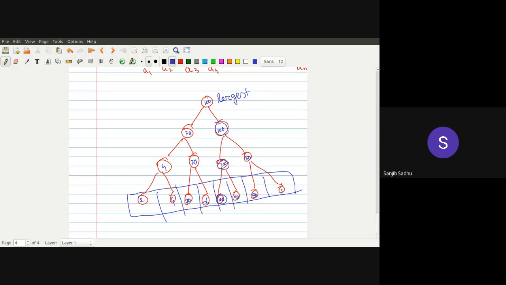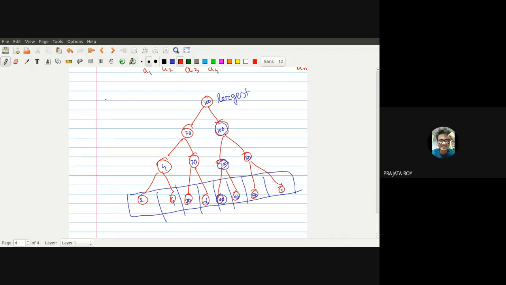Now check. I am sure that an element will be the second largest only if it is compared with the largest. Is it possible that you say this is the second largest, but you have not compared it with the largest one? Not possible, sir.